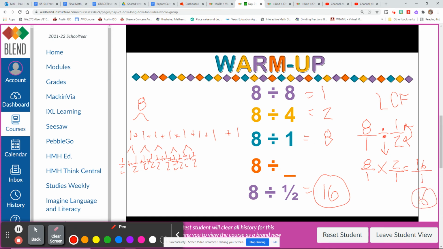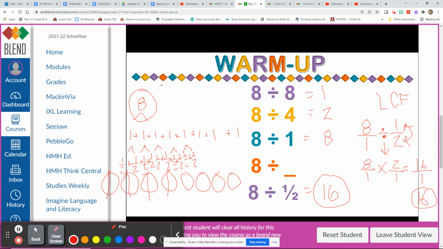So it works. Either way you do it, if you took 8 and split it into 1/2 size pieces, so you took 8 pieces, like let's say you had 8 pizzas and cut them all into 1/2. Let's see, there's 4, 5, 6, 7, 8 pizzas, and you cut them all into 1/2 size pieces.